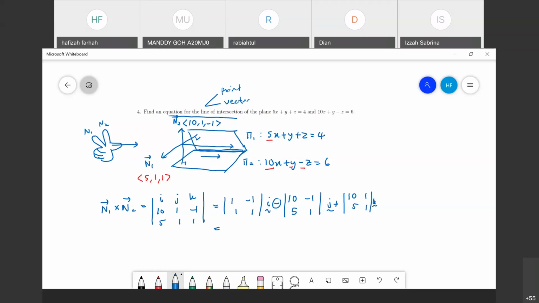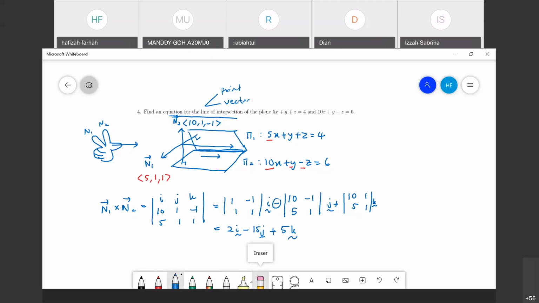Then just compute this. So this will be 2i, and then minus 10 plus 5 is minus 15j, and then plus 10 minus 5 is plus 5k.